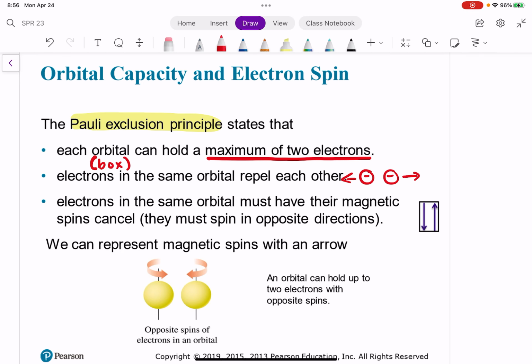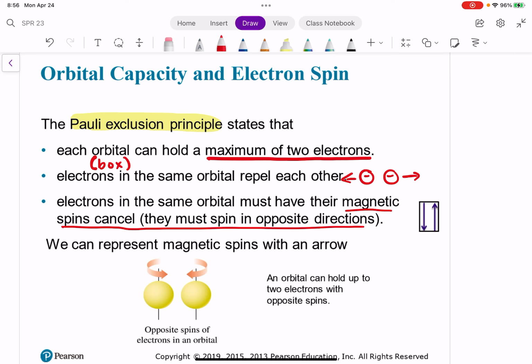And then electrons in the same orbital must have their magnetic spins cancel, or must spin in opposite directions. What the heck does that mean? It turns out that an electron actually spins on its axis, which generates a magnetic field.